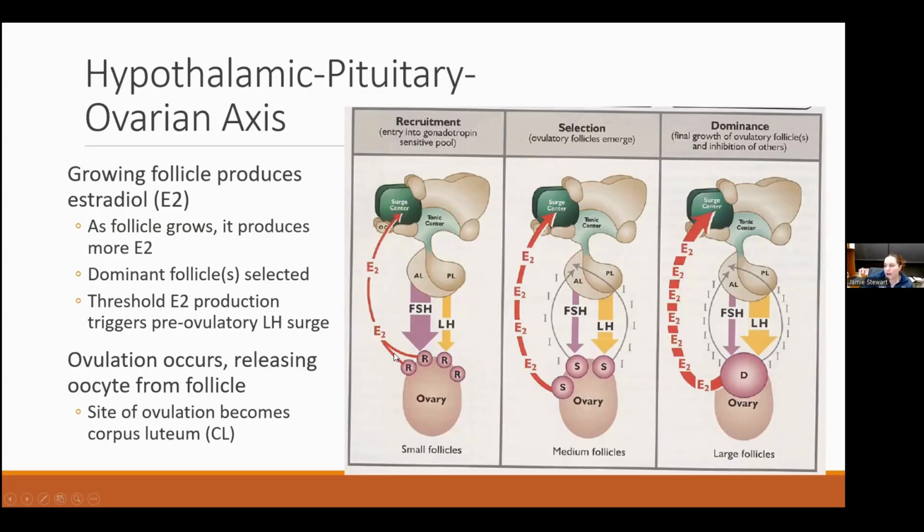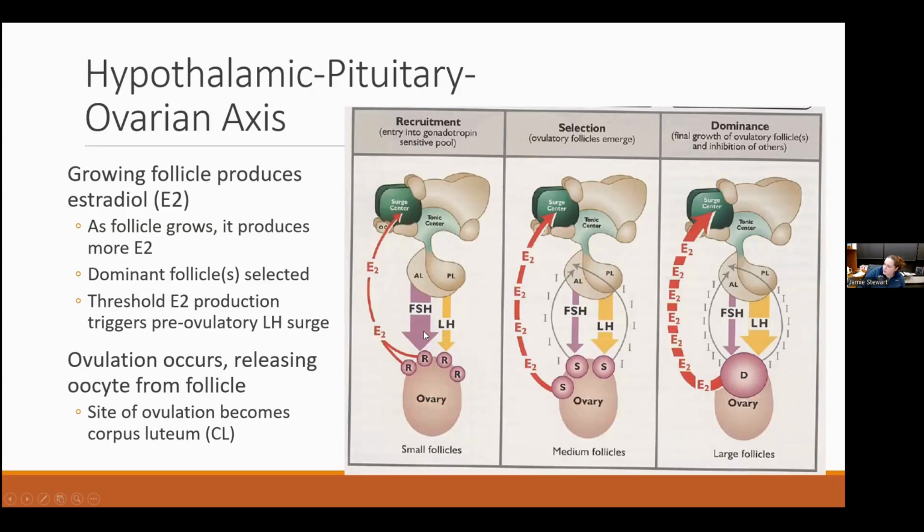We've got these smaller follicles here that are developing on the ovary. They're secreting estrogen, and again, that's triggering a preferential release of FSH because that's triggering these follicles to keep growing. As the follicles grow more, they're going to produce more estrogen, and we are already starting to see that shift.